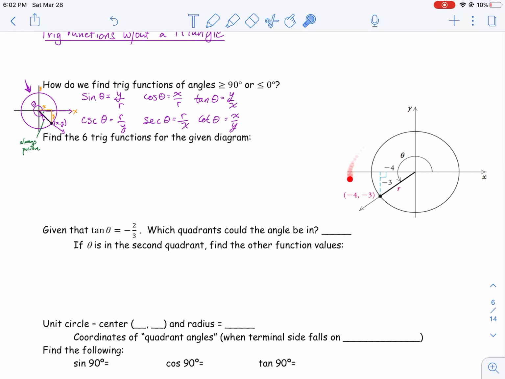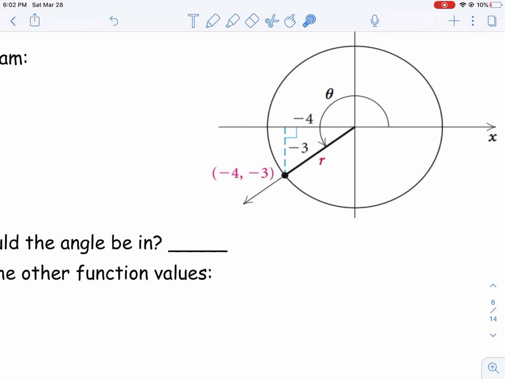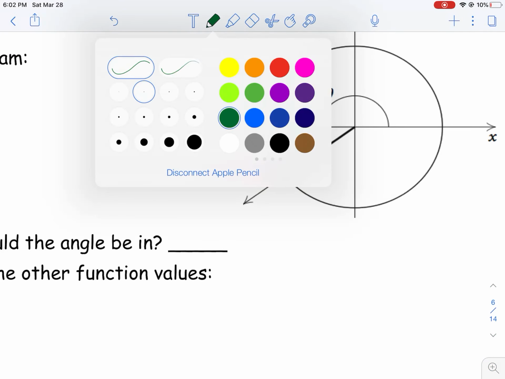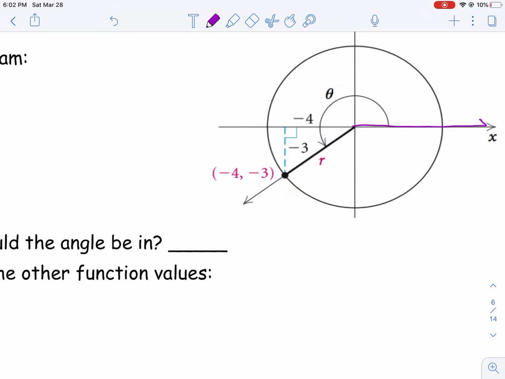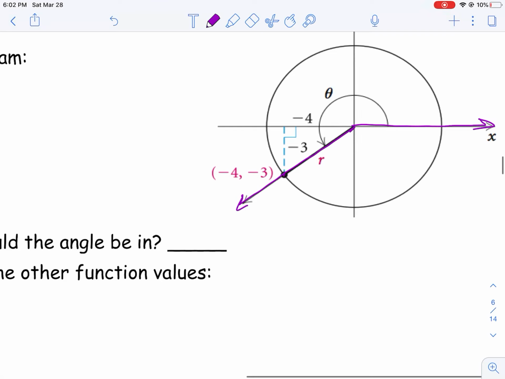All right, so now it asks us to find the six trig functions for this picture. You can see we have an angle theta. My initial ray, or initial side, is here, and my terminal side is here. This is my x-coordinate here. This distance is -4.